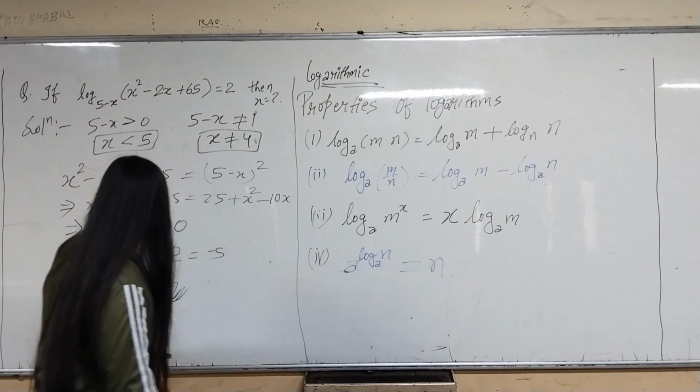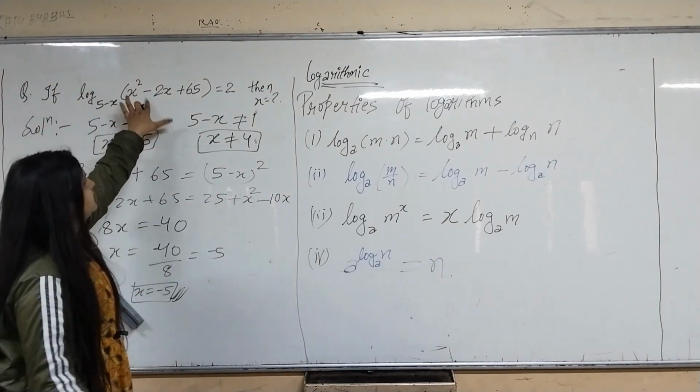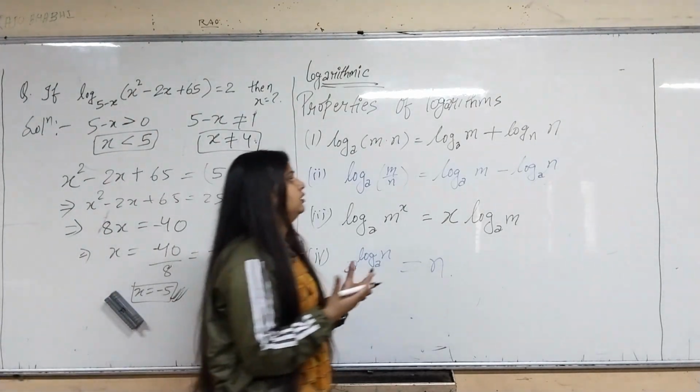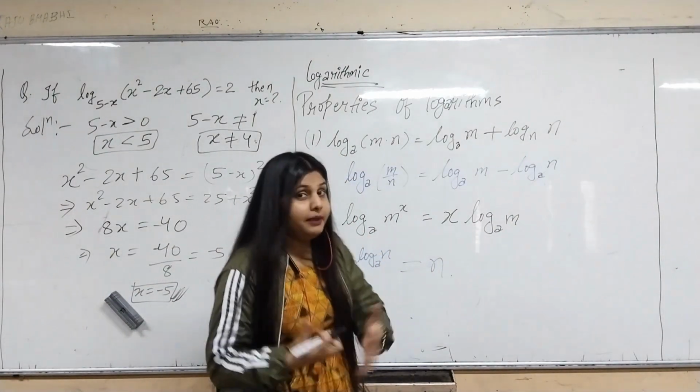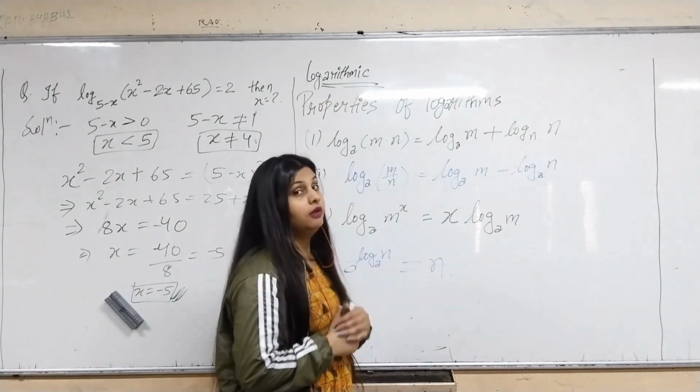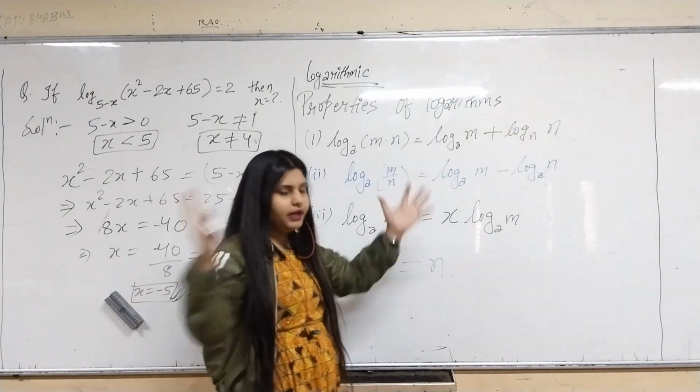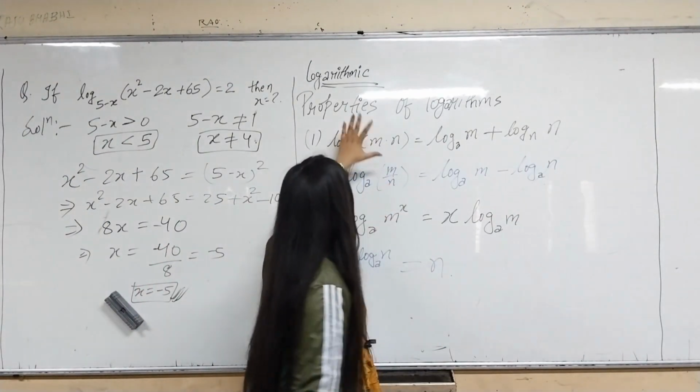Okay. So with these basic things we can solve this type of question, and some big problems also. For big problems we need some properties, to make that big calculation easy.